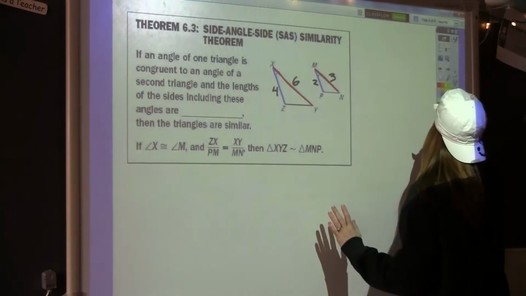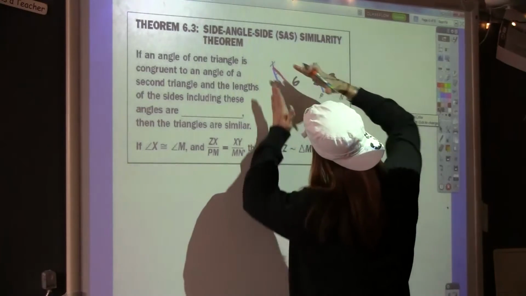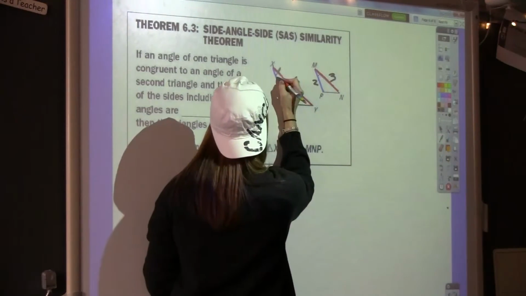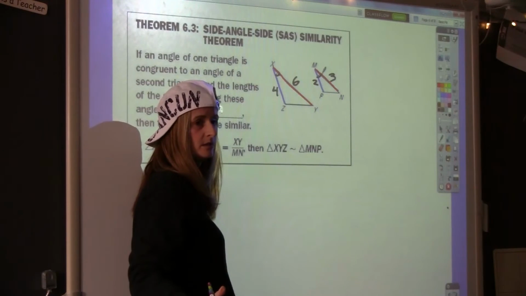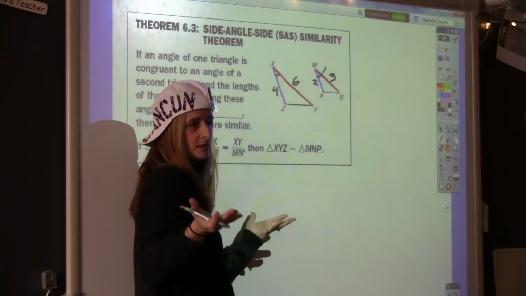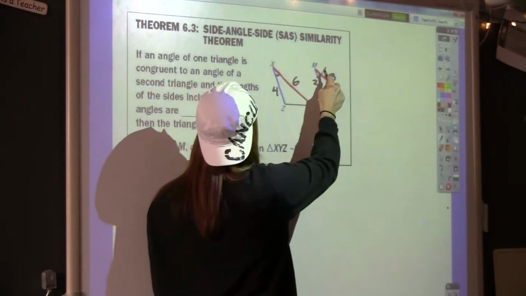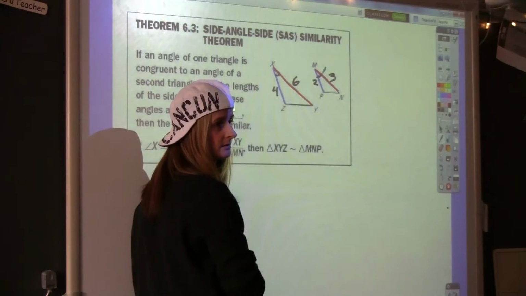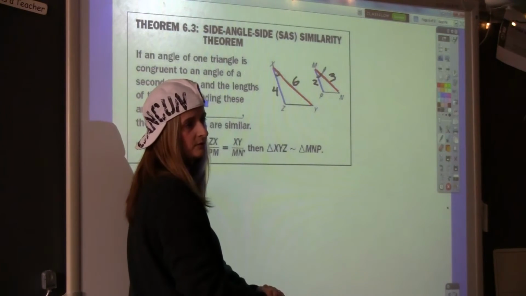Now, side angle side says when you have these two sides, they come together to form what's called the included angle. What kind of angle is it called? Included. That's just the word. It's included. It's inside those two sides. And that included angle is congruent. This is enough information to prove these two triangles congruent.